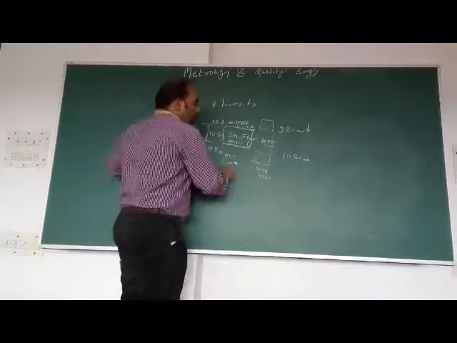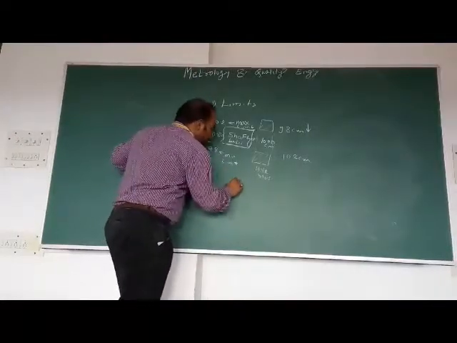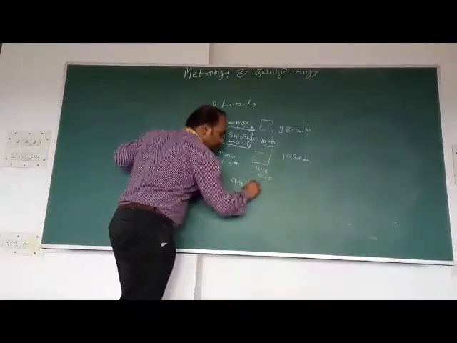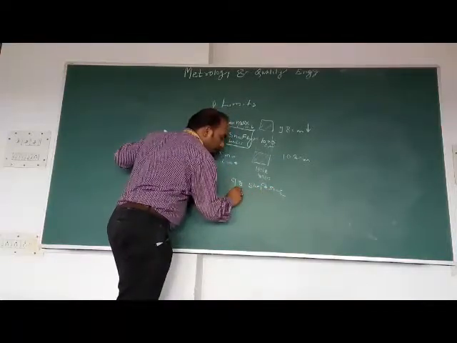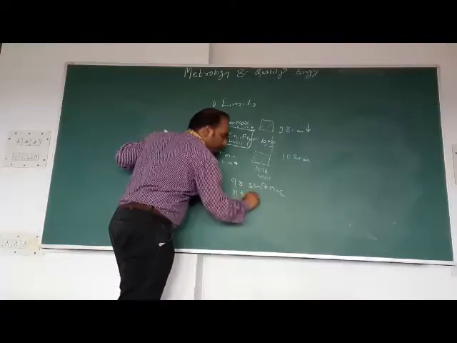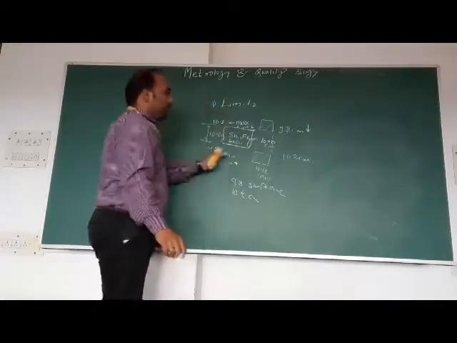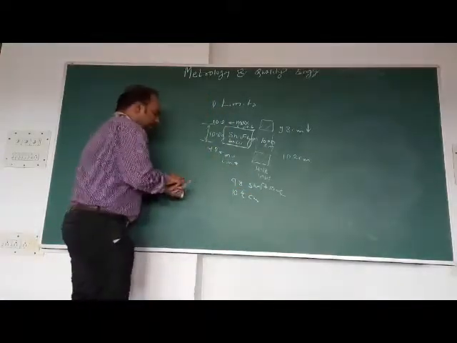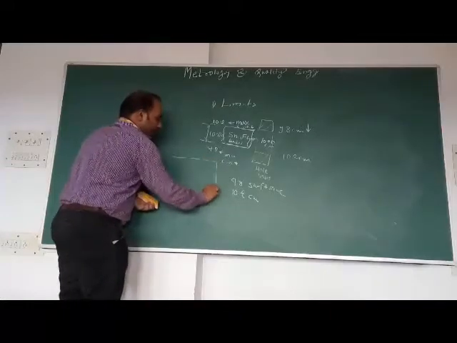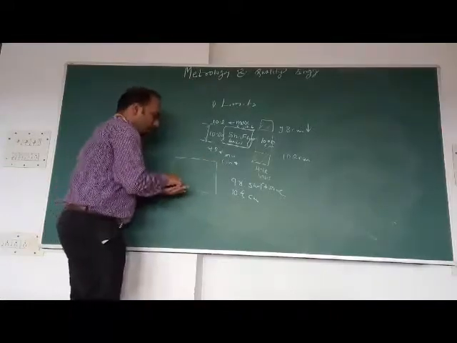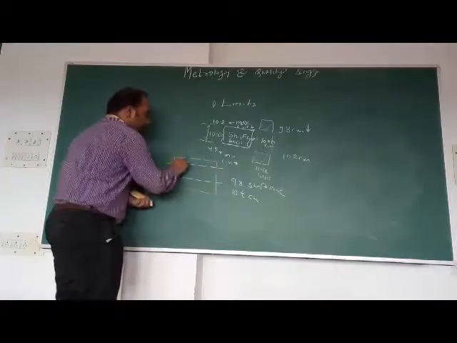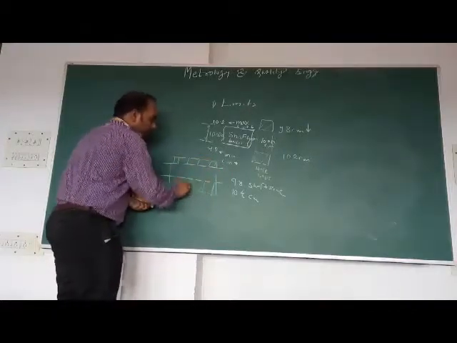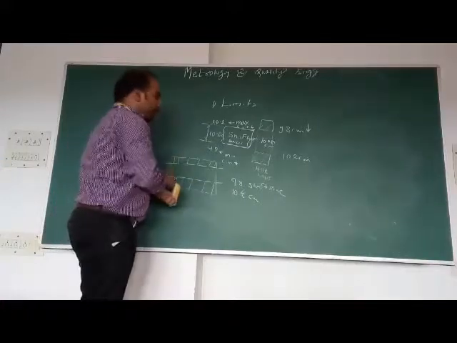If not, then what will happen? If 9.8 is the shaft size and the hole is 10.4 cm, then the shaft will sit at this position, and this much amount of space will be vacant. In order to avoid this, the system is like that.